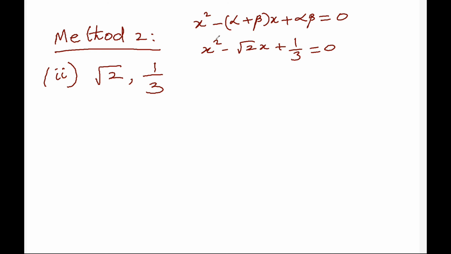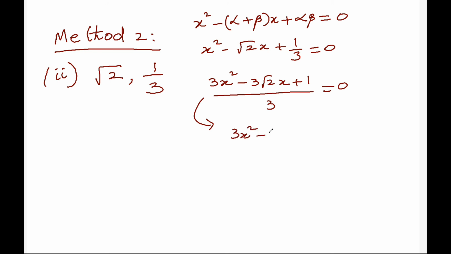LCM is 3. So multiply each term by 3. So 3x squared, 3 root 2x plus 3 by 3 will become 1, and 3 is in the bottom. If you want to write it, you can cancel out the 3 in the next step by cross multiplying with 0. So 3x squared minus 3 root 2x plus 1 is equal to 0 times 3, which is 0.